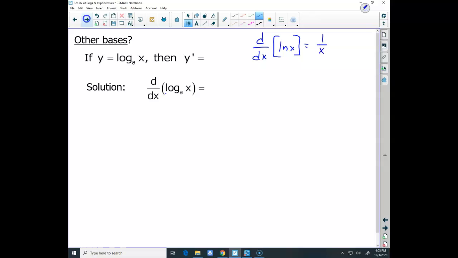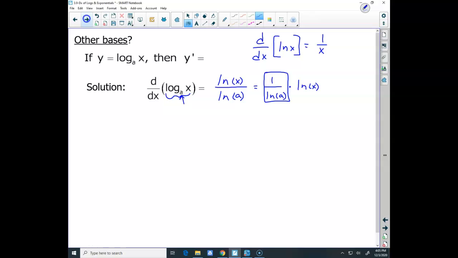What I have is I can change the base of any log into a natural log by taking the natural log of the argument and dividing it by the natural log of the base, all right? Well, check it out. A was always a number in the base of the log because it was something raised to a power, which means this is 1 over ln A times ln x, because this is just a number because A is a number.